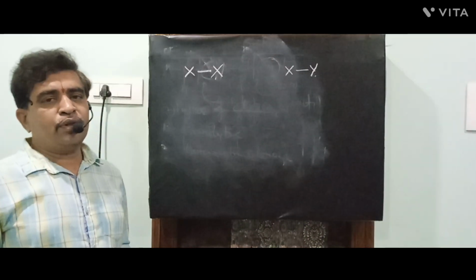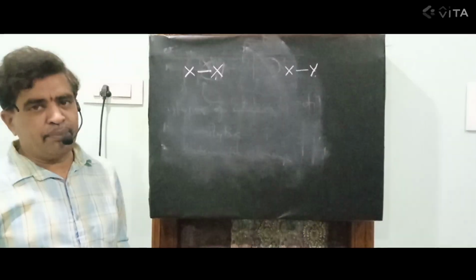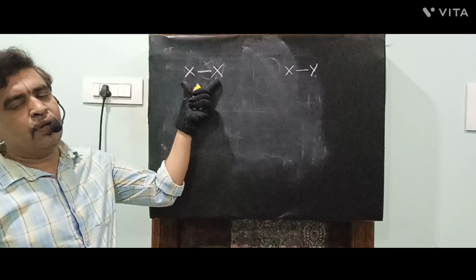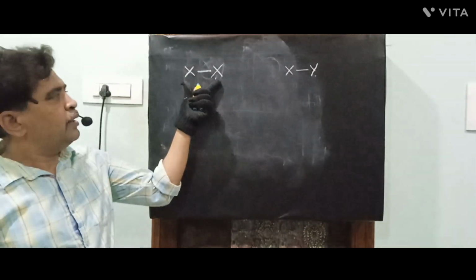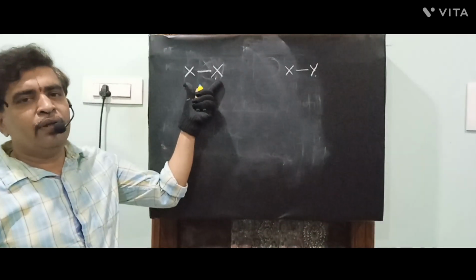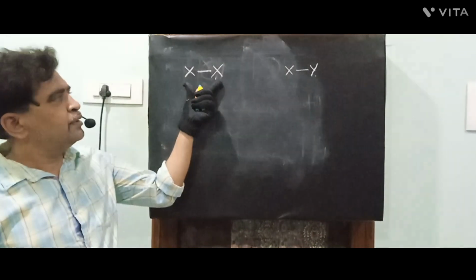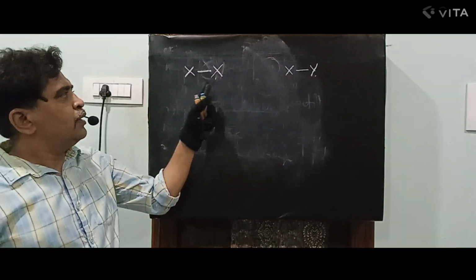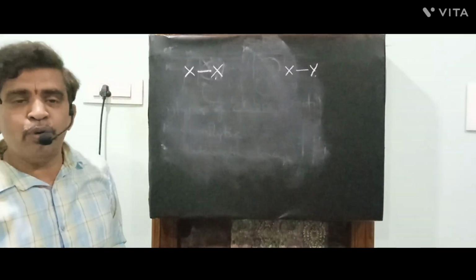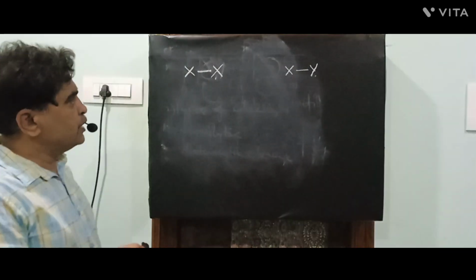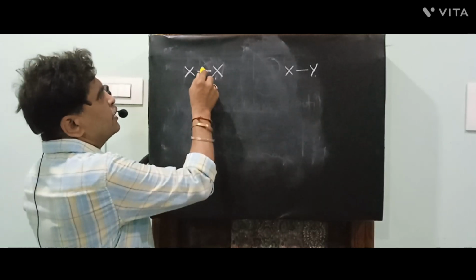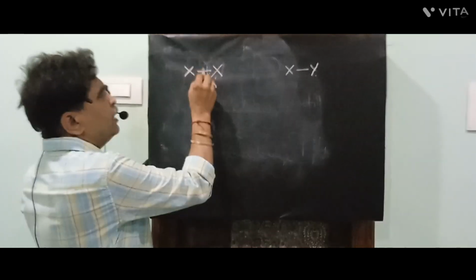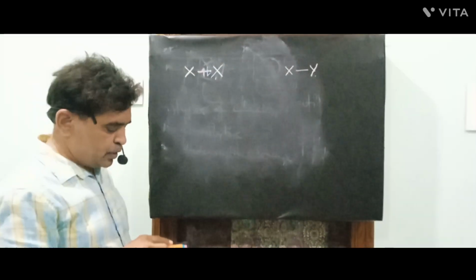To explain homolytic cleavage, we take an example. Two atoms are involved in a covalent bond, of the same element or of different elements with a small electronegativity difference. The covalent bond consists of two electrons, one electron from one element and another from the other.